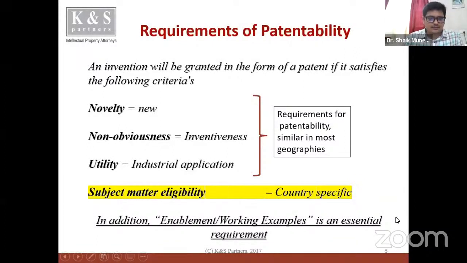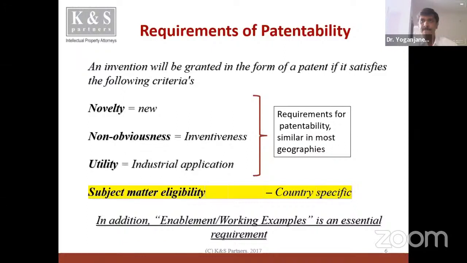So as I was mentioning about the requirements of patentability earlier, an invention will be granted in the form of a patent if it satisfies criteria such as novelty, non-obviousness, and utility. Novelty means it has to be completely new, which should not be known earlier at all.